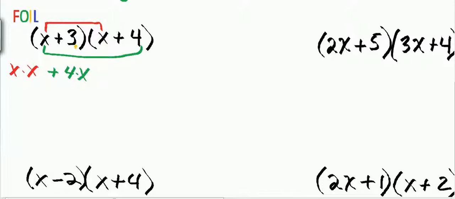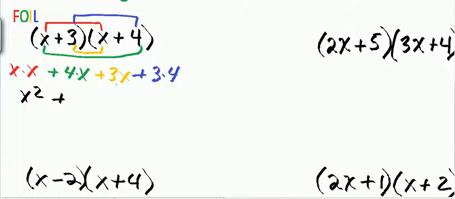My inside terms are 3 and x, and my last terms are 3 and 4. 3 times 4. Then I just simplify my equation. I have x squared plus 4x plus 3x is 7x, plus 3 times 4 is 12.